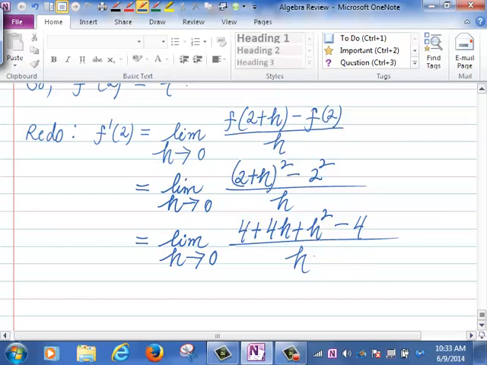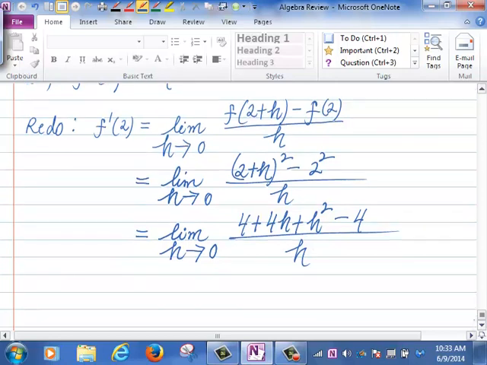You okay with that? 2 plus h squared minus 2 squared. And 4 cancels out here, right? So what do I have? 4 cancels out, and after that 4h plus h squared, I can factor out an h and write it as 4 plus h.